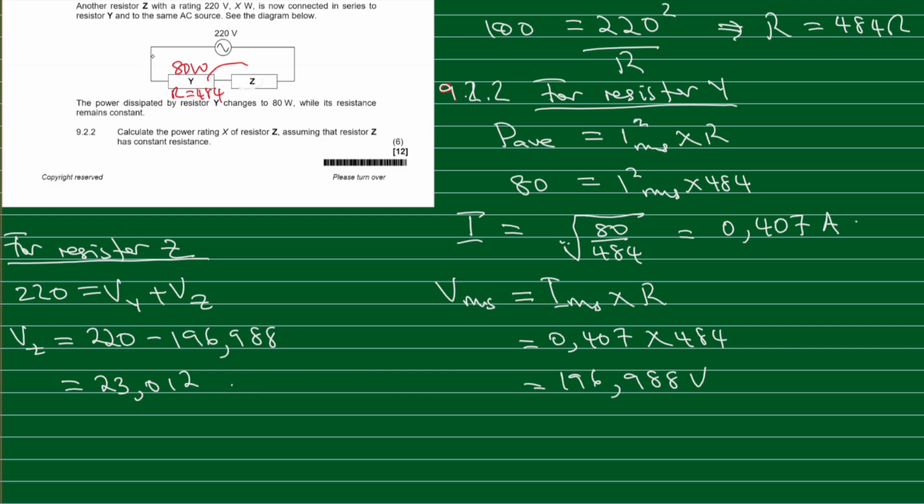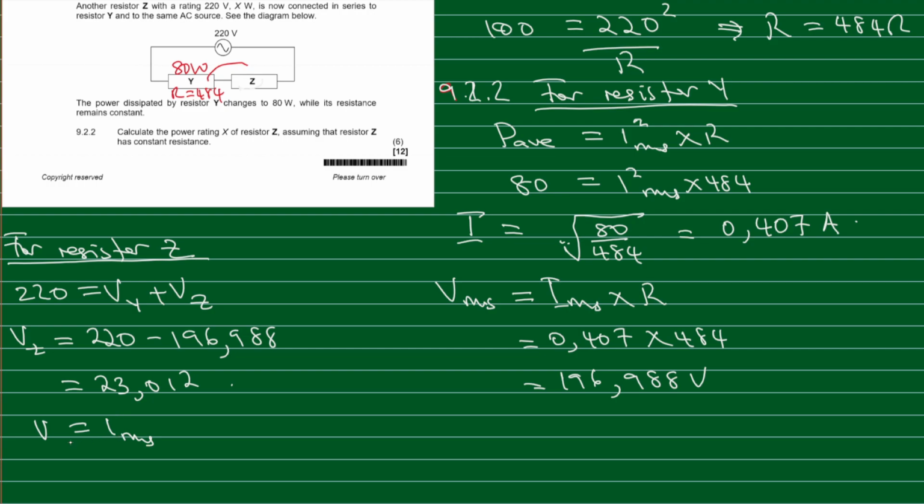Now we know the current that is coming in here. The current in Y is the same as the current in Z. So we want to calculate the resistance at Z. What is the resistance? We can use V is equal to IR.